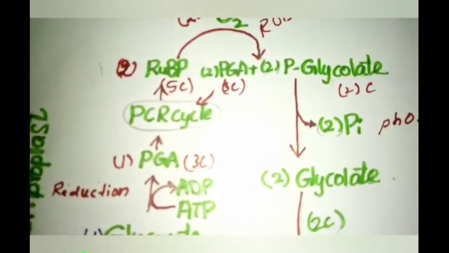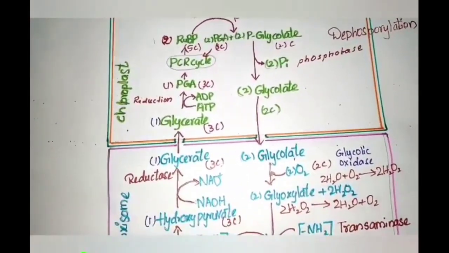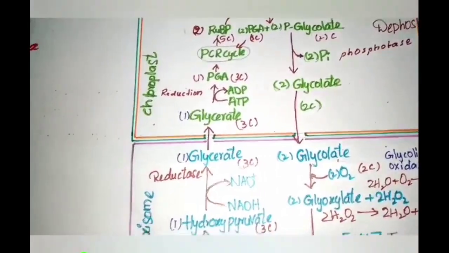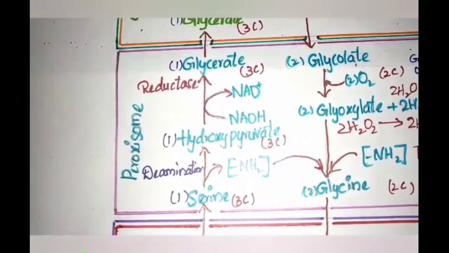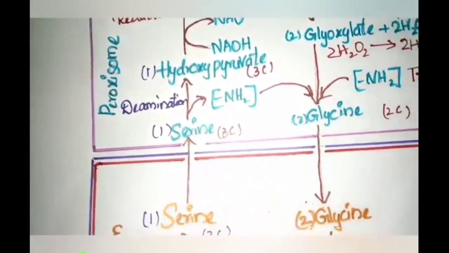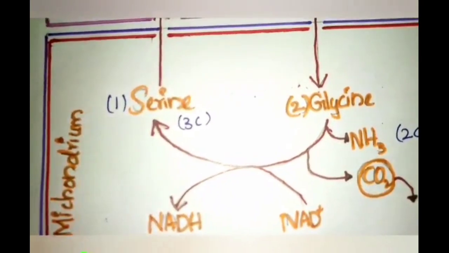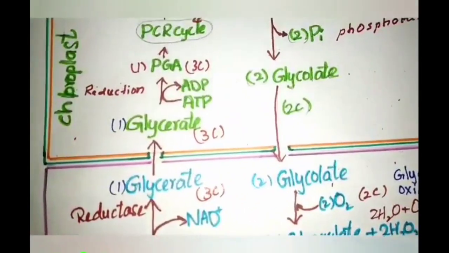In this process, the importance of photorespiration is that the dark reaction is going to take place in the presence of carbon dioxide, but the carbon dioxide is not available within the chloroplast. Carbon dioxide is emitted in the mitochondrial structure. This carbon dioxide goes out of the mitochondria and is transferred to the chloroplast.